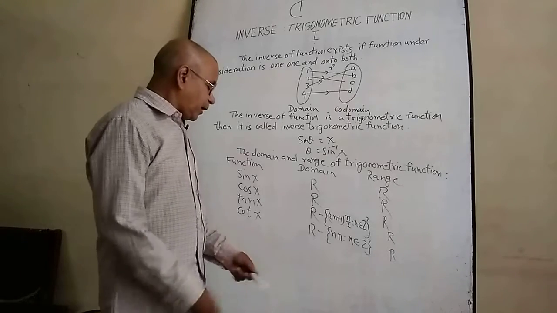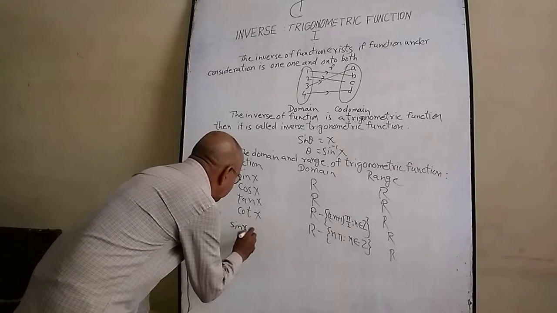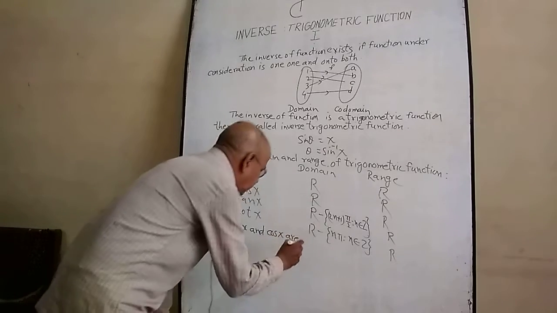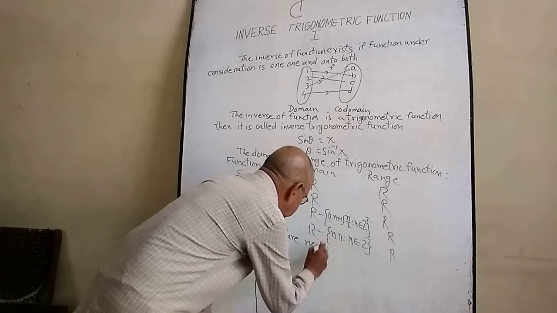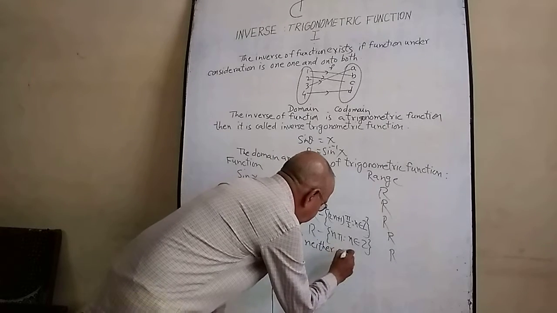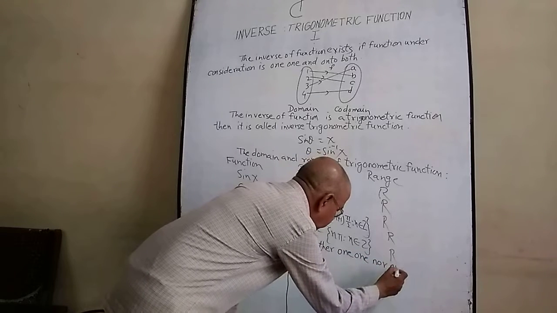So we can write here briefly that sin x and cos x are neither 1-1 nor onto.